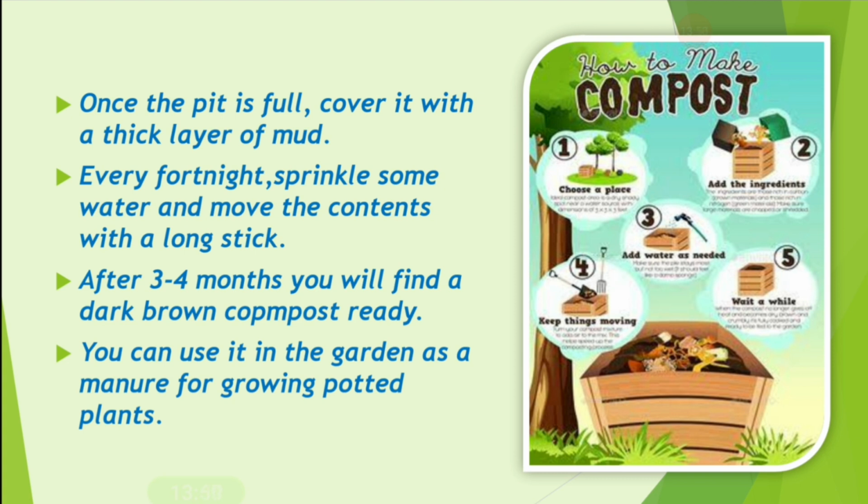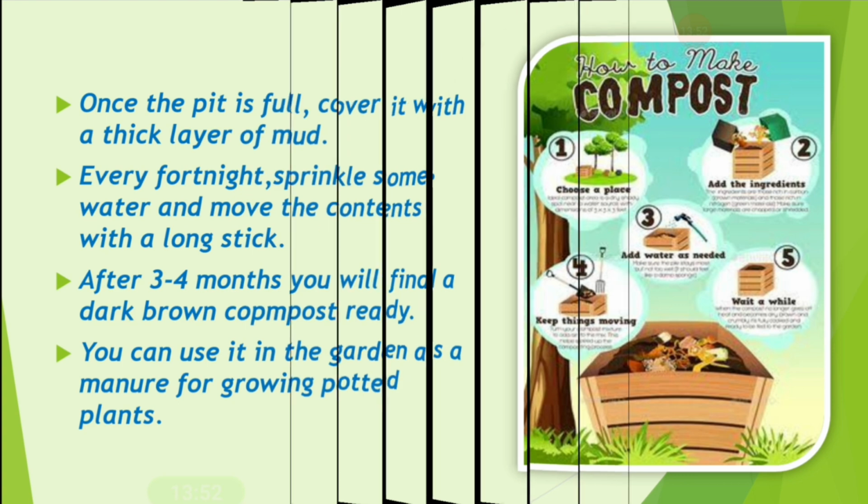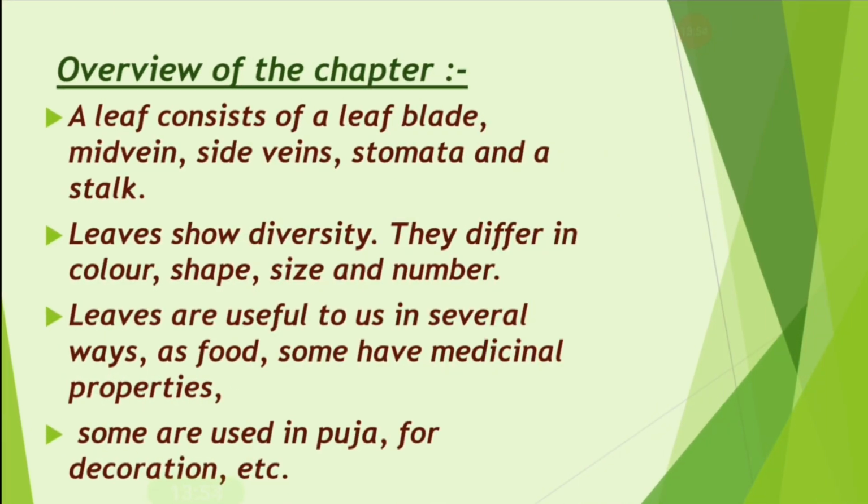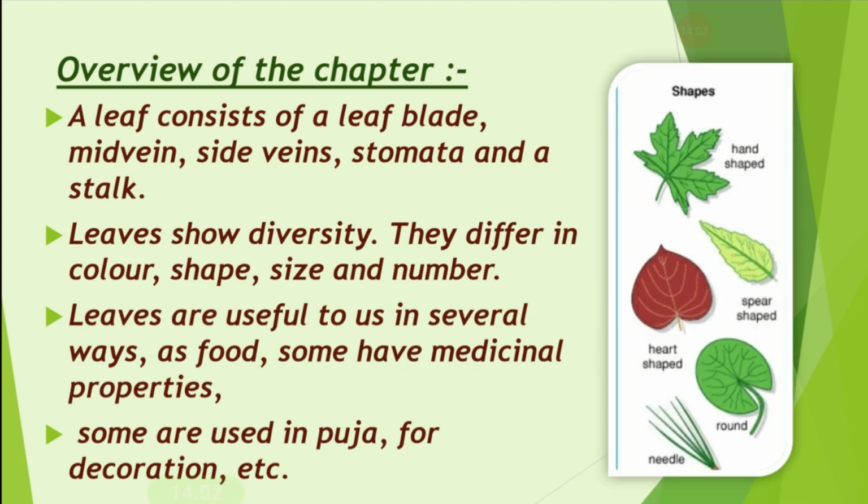So let's move to our next topic, which is overview of the chapter. So students, that means your chapter is completed and we are just revising our chapter. First, a leaf consists of a leaf blade, midvein, side veins, stomata and a stalk.